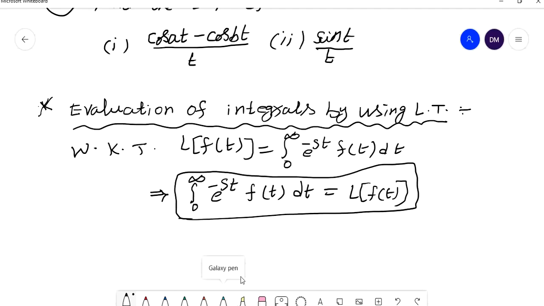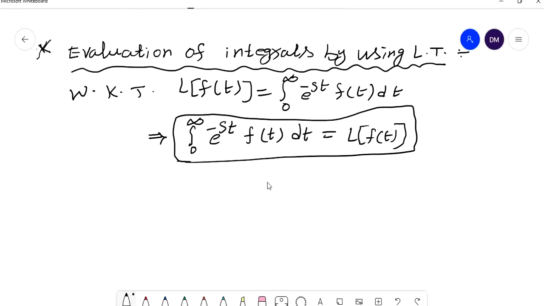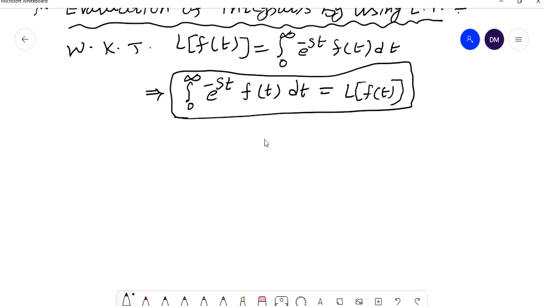Right, now let us see the problems on evaluation of integrals.